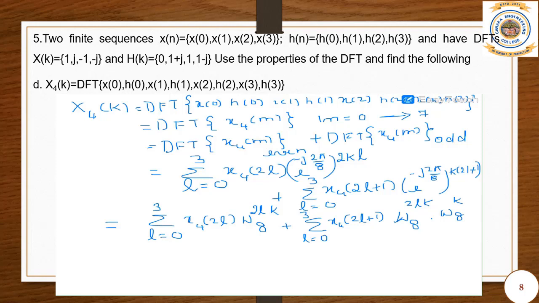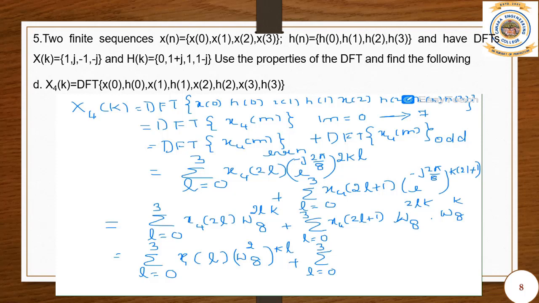We know that all the even values are given by x values. So I can write this as L value varying from 0 to 3, x of L, w8 to the power 2kl plus L value varying from 0 to 3, all odd values are h values.